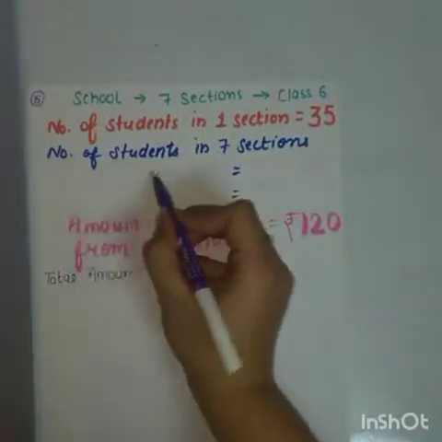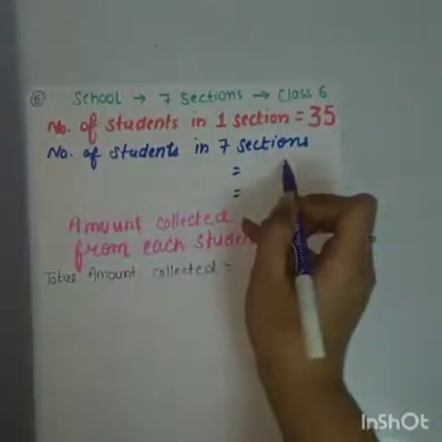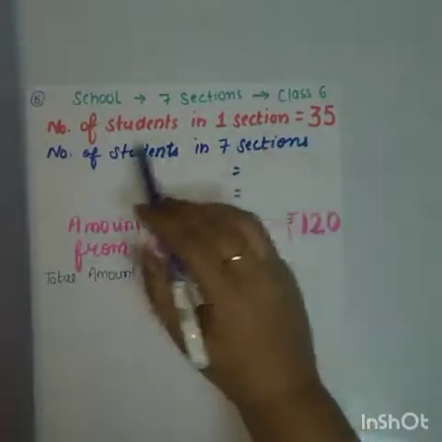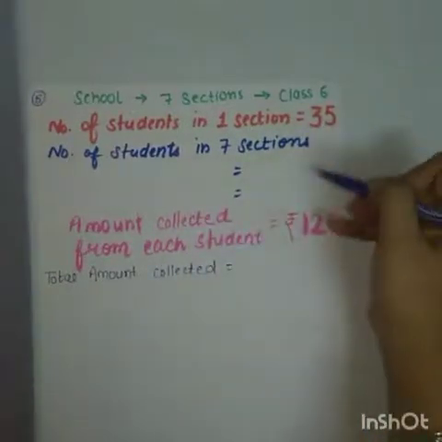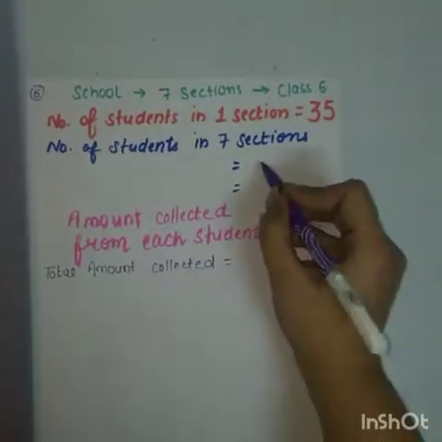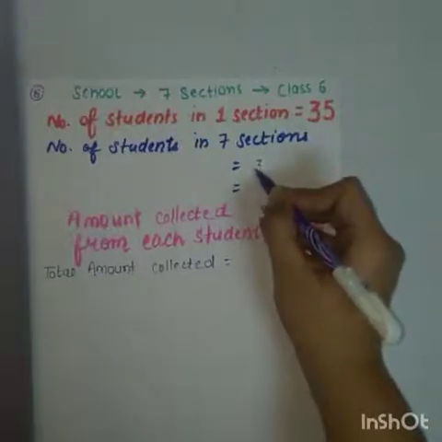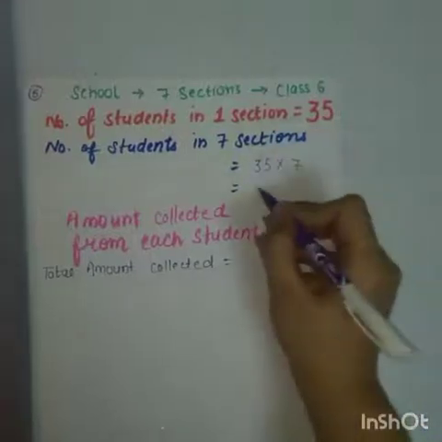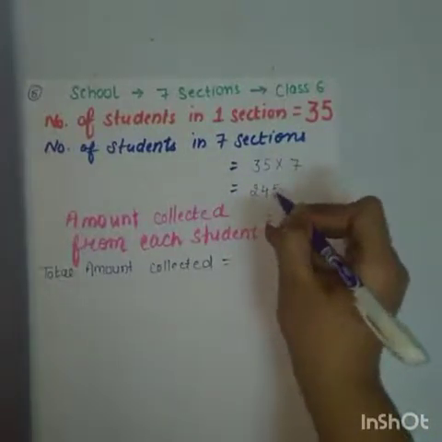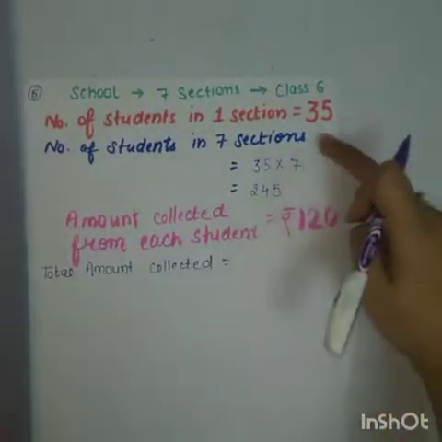To find the number of students in 7 sections, if number of students in one section is 35, which operation will be used? That is multiplication. 35 multiplied by 7. It is 245 students in 7 sections.